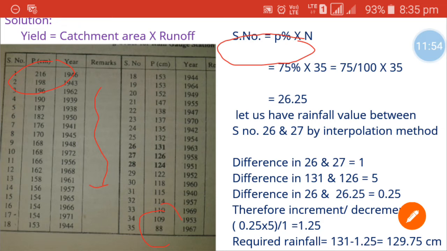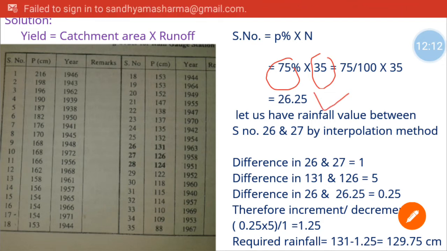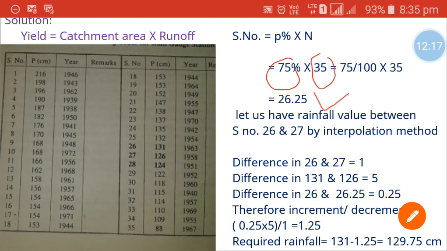The dependability percentage is 75%, and the number of years is 35. So 75% into 35, we get 26.25. So for serial number 26.25, whatever rainfall is given in this table will be the required value of rainfall to be used for the yield calculation or runoff calculation.